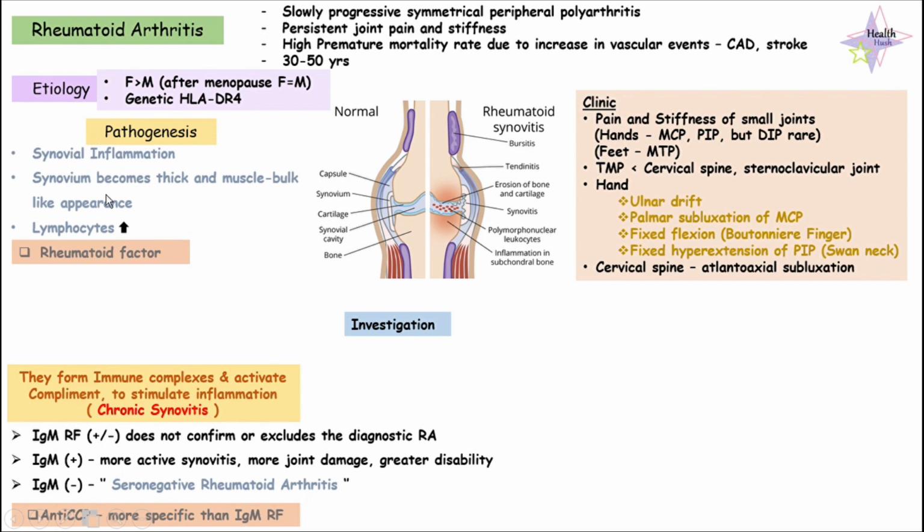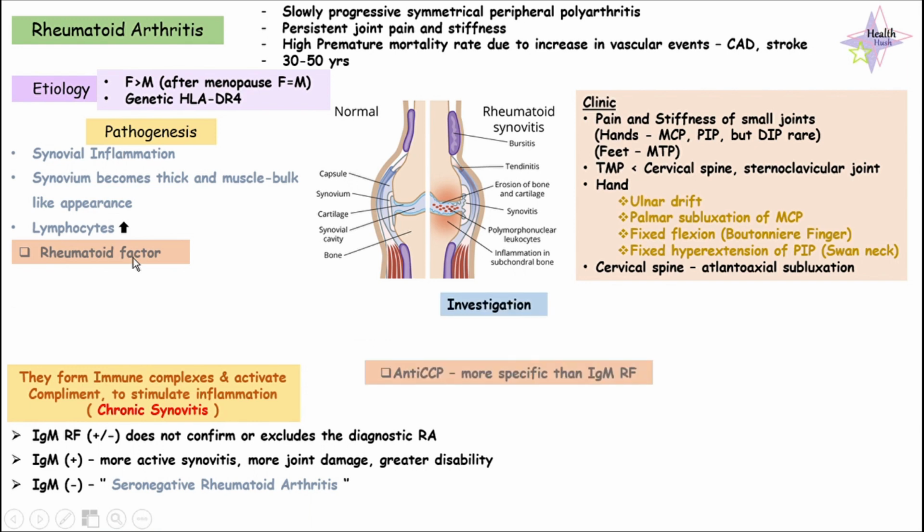And also in rheumatoid arthritis, we need to keep in mind that there are two main serological markers. So the first one is rheumatoid factor. Rheumatoid factor is an autoantibody of IgM, IgA, or IgG, which is acting on the Fc portion of IgG.